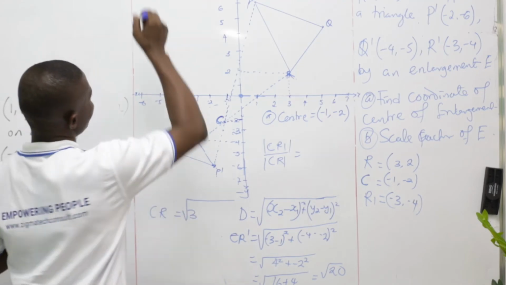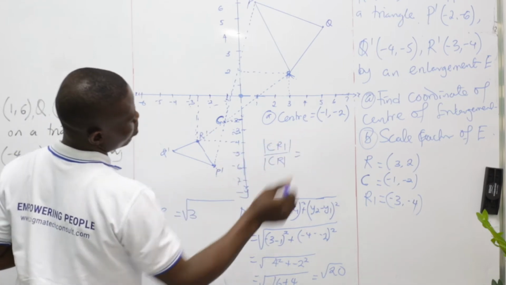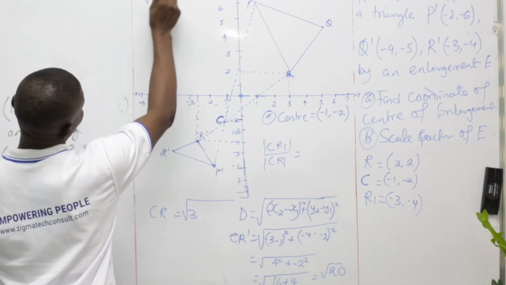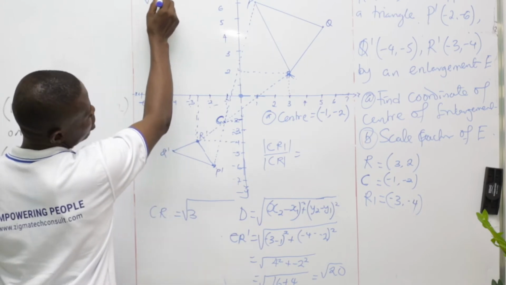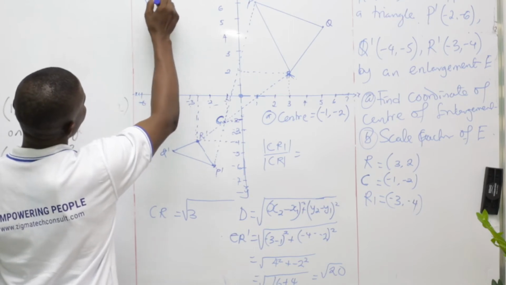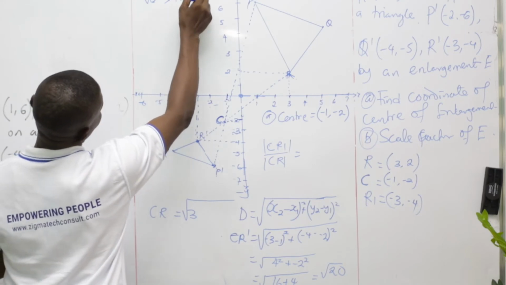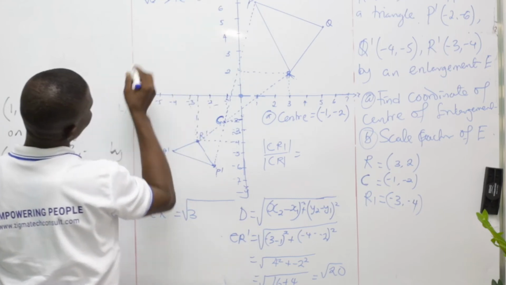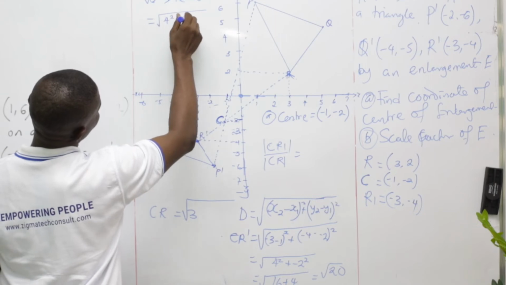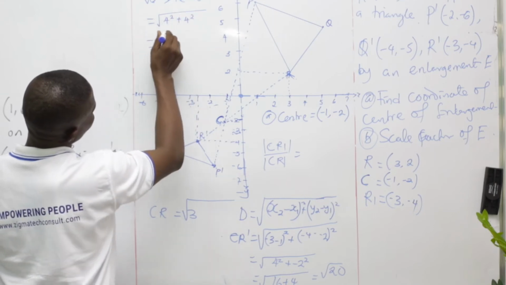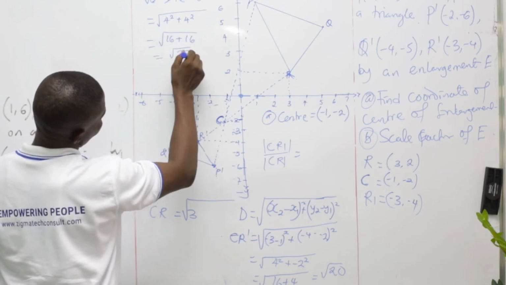Now we have root 20. Let us also consider CR. The distance CR is what? Square root of 3 minus minus 1 all squared plus 2 minus minus 2 all squared, to give us square root of 4 squared plus 4 squared, to give us root 16 plus 16, to give us root 32.